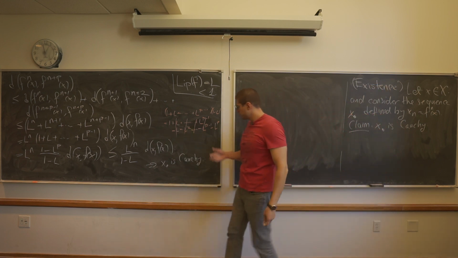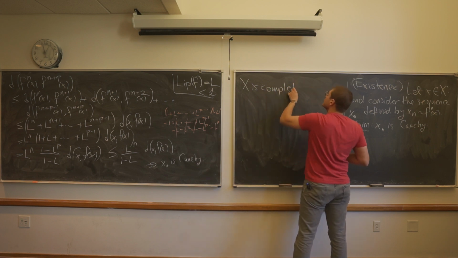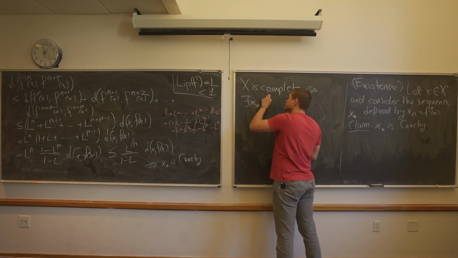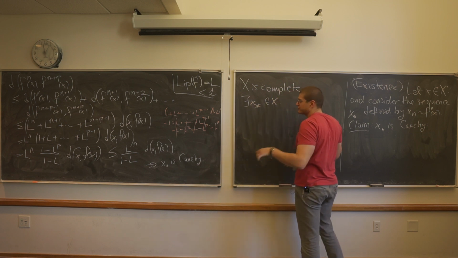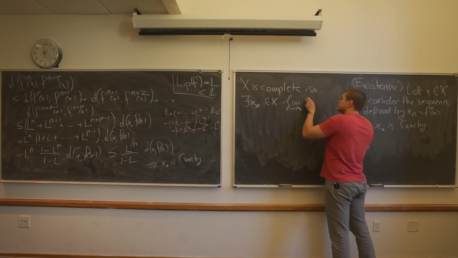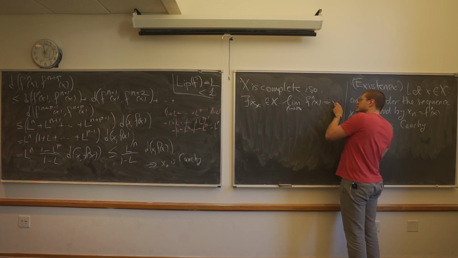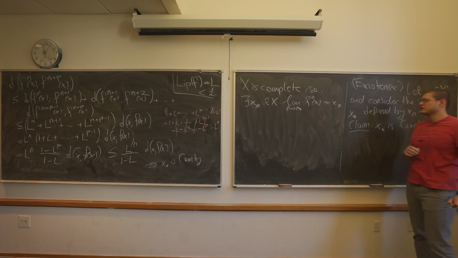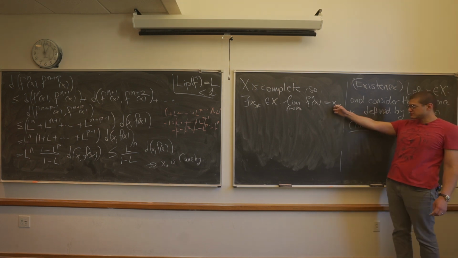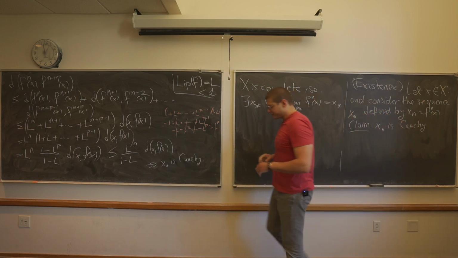So there is an x star in X such that the limit as n goes to infinity of f to the n of x equals x star. Now we want to show that this indeed is a fixed point. Perhaps it is obvious, but still.